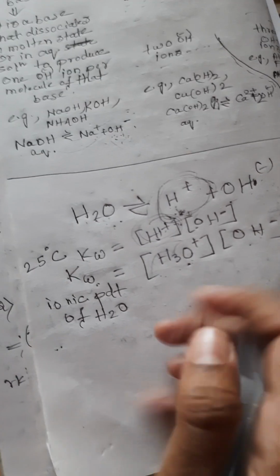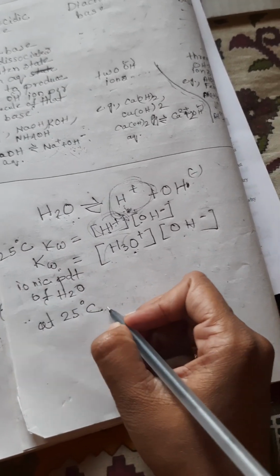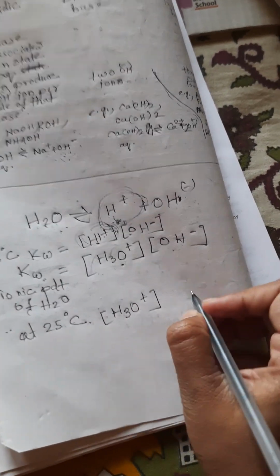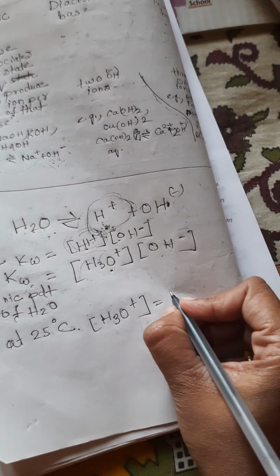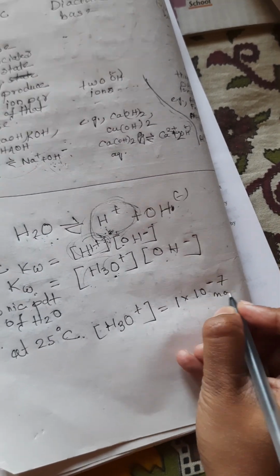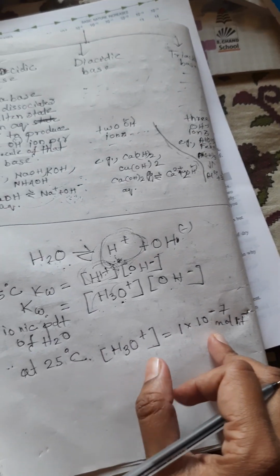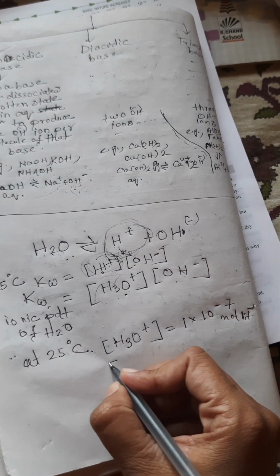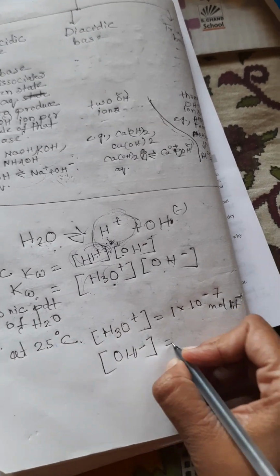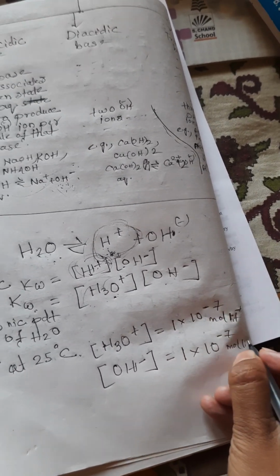At 25 degrees centigrade, the concentration of hydronium ion will be 1 into 10 to the power minus 7 mole per liter, mole liter inverse. Is this clear? And also at 25 degrees centigrade, the concentration of hydroxyl ion will be the same value, 1 into 10 to the power minus 7 mole liter inverse.